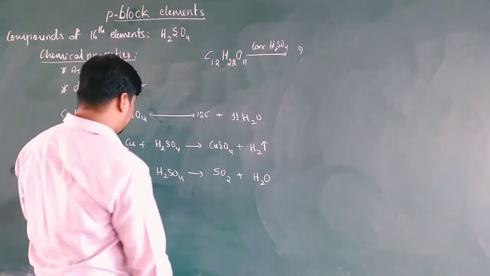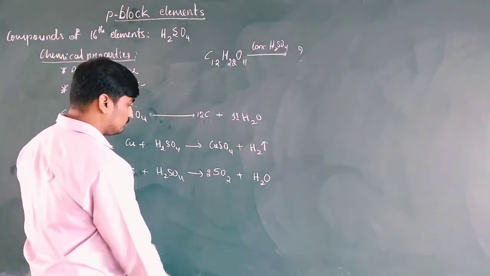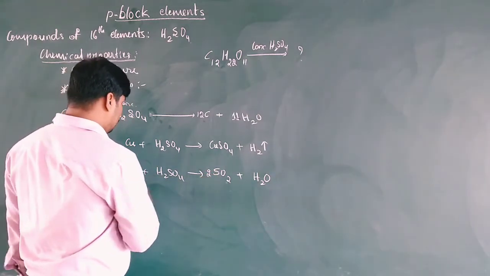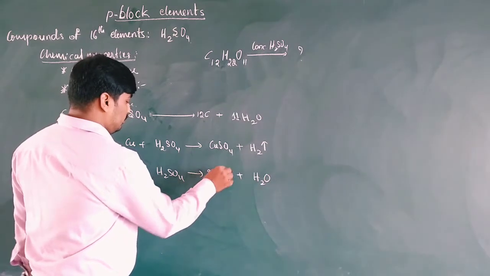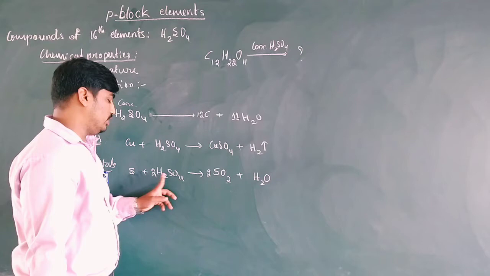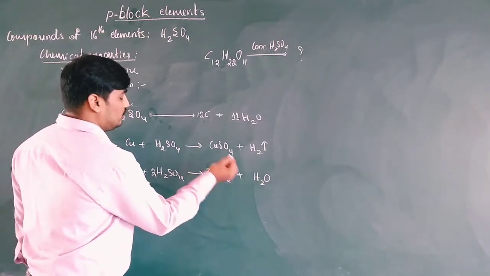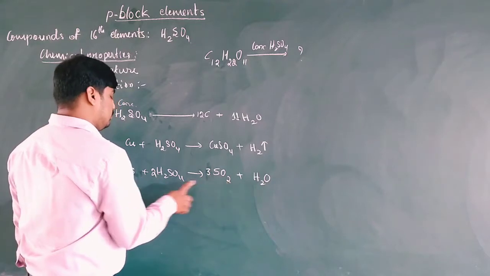Okay, here there are two S, therefore 2 into 2 is 4, water H2O. Okay. Suppose we consider a 2 here, 2 plus 1, it becomes 3, 3 into 2 is 6, 4 into 2 is 8.